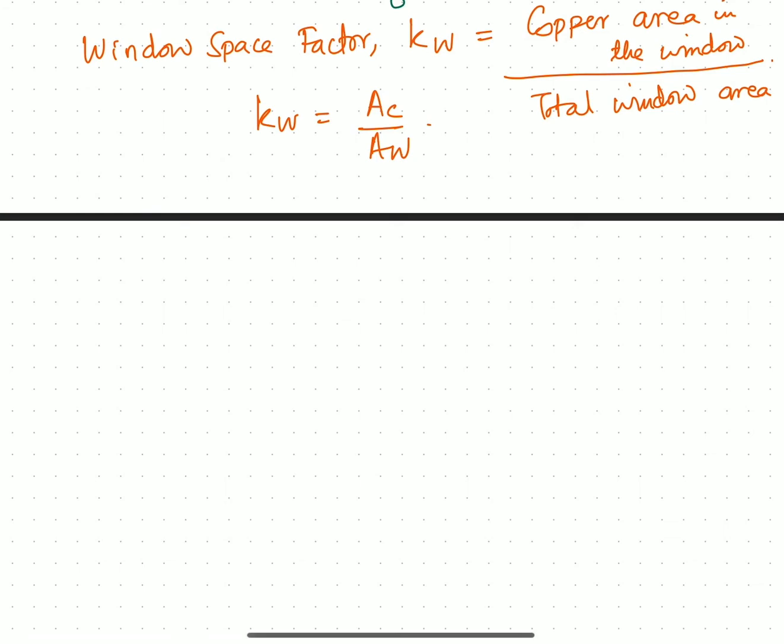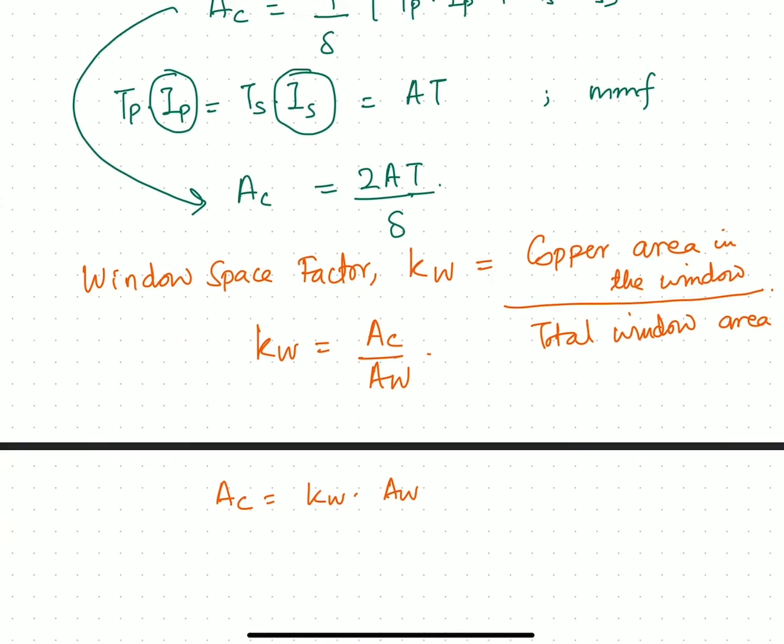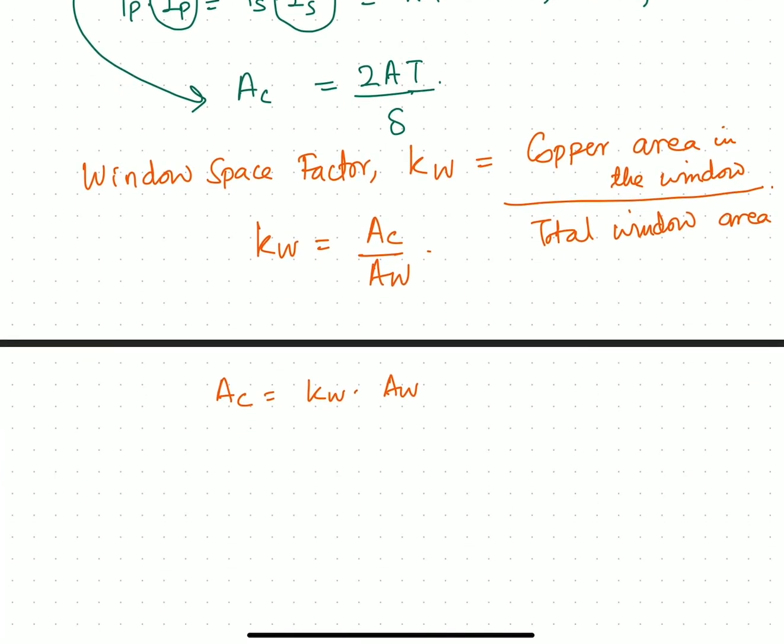Then we can write that AC equals Kw into AW, and the value of AC can be got from the above equation.